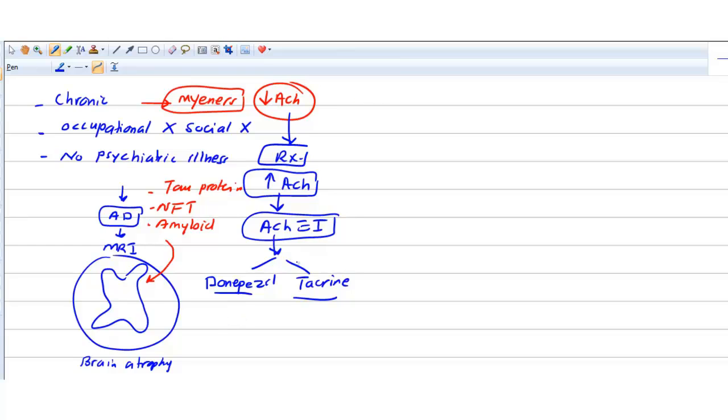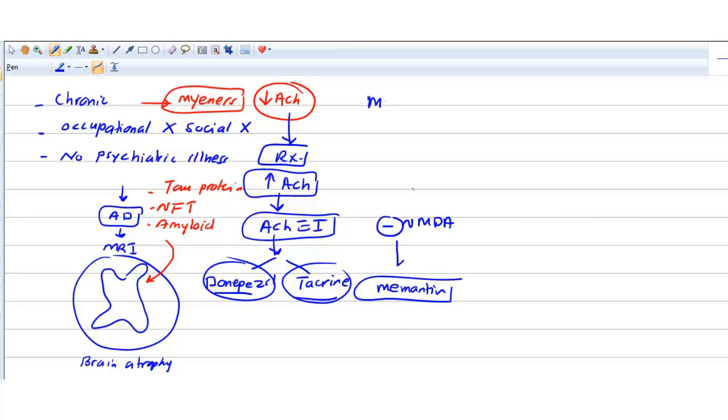That drug is memantine. Memantine will inhibit NMDA and basically inhibit glutamate, because the NMDA receptor is a ligand-gated receptor, with the ligand being glutamate. So you will inhibit NMDA, and that means inhibiting glutamate.